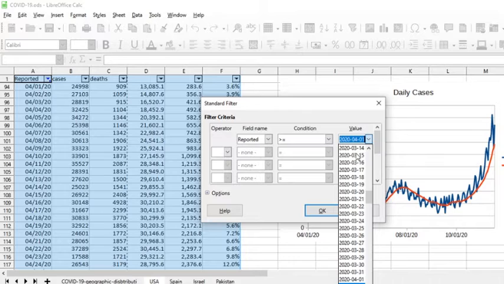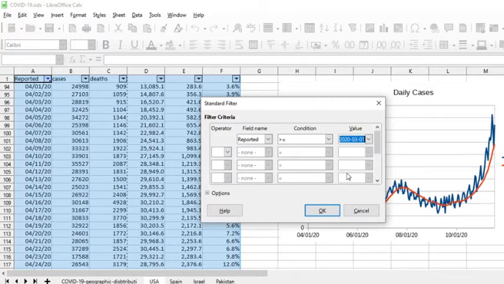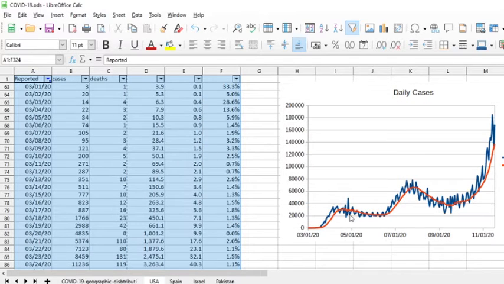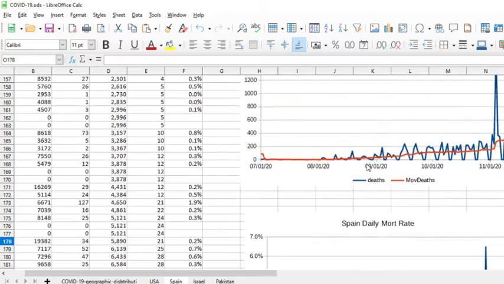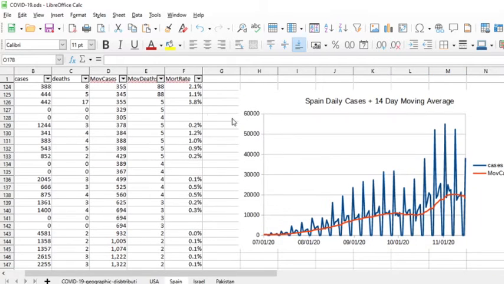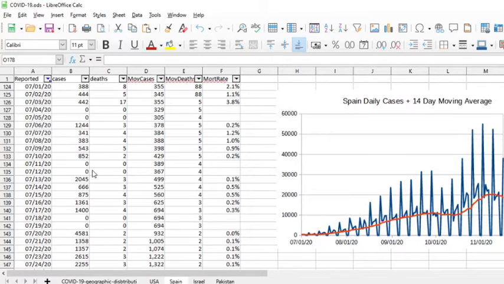Let's go back to 3.1, just to see exactly what I got here. Okay. So now, whoops, here we go. Now we're up to Spain. All right. Again, there's nothing tricky about this. The exact same code.